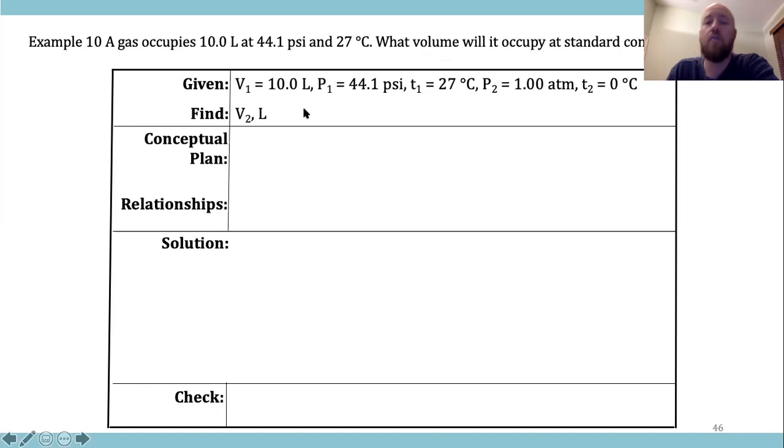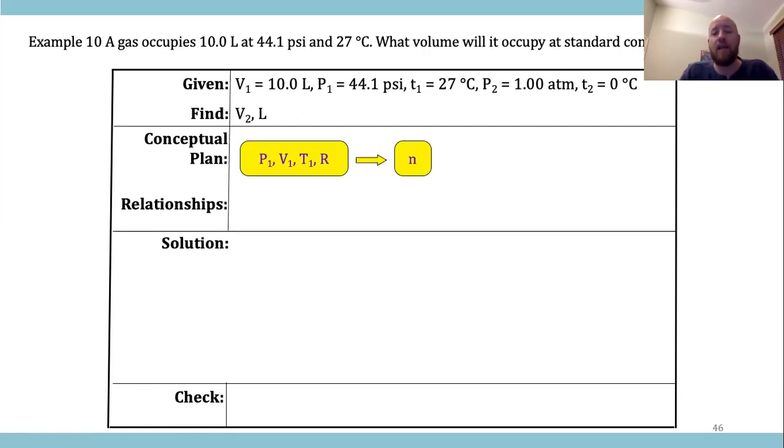In this case, what they do is they plug it all into the ideal gas law, because the 10 liters of gas to start with, you're assuming it's in a sealed container. It's not going anywhere, right?